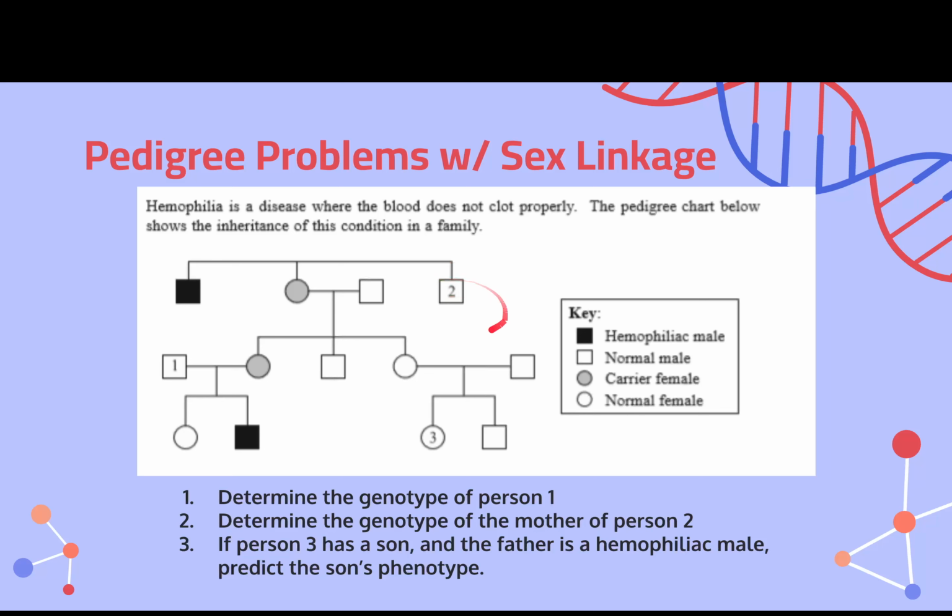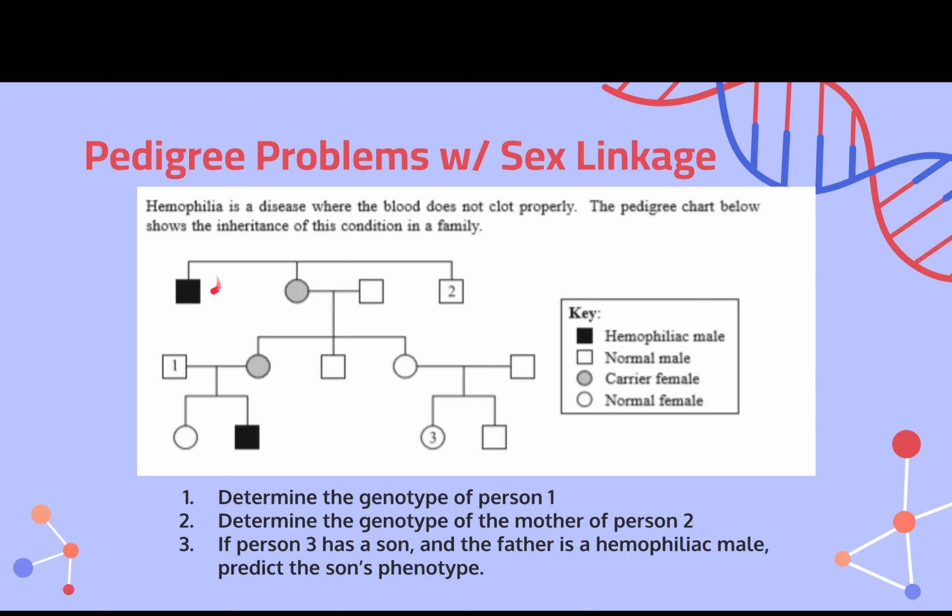We can't just look at number two because when it's numbered, it doesn't necessarily follow the key here. So we know that the daughter is a carrier, which means that she had to get the X lowercase h gene from somewhere.